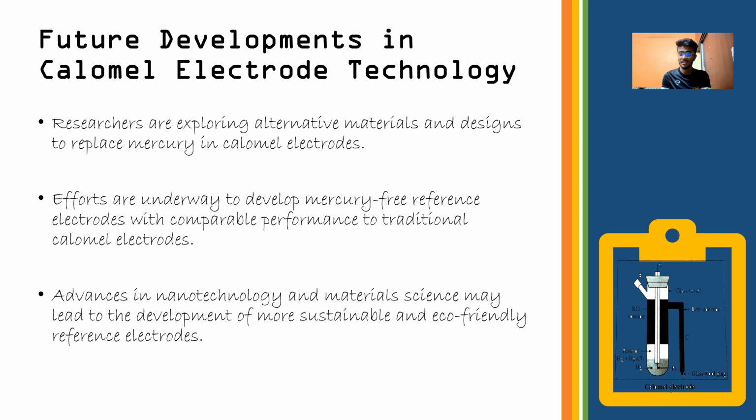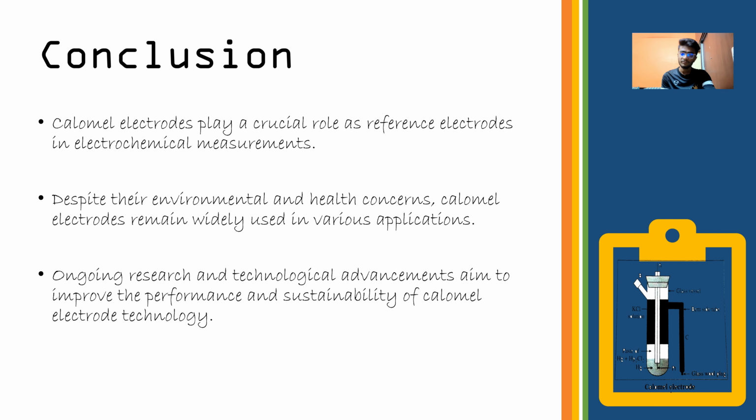Advances in nanotechnology and material science may lead to the development of more sustainable and eco-friendly reference electrodes. Electrodes are not that eco-friendly right now, but researchers are working on how to improve the electrode in future. There might be a day where the electrodes are also eco-friendly and more user-friendly.